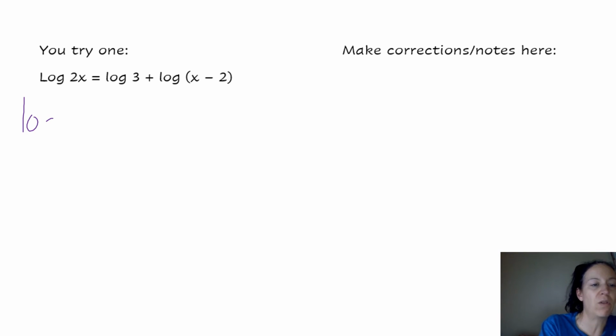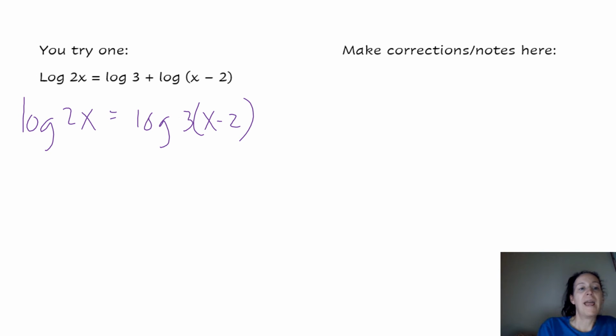So this is going to be log of 2x equals log of 3 times x minus 2. And then once you have 2 logs and they're isolated, 1 on either side, then you can just set the arguments equal. So it just kicks back to the other strategy.